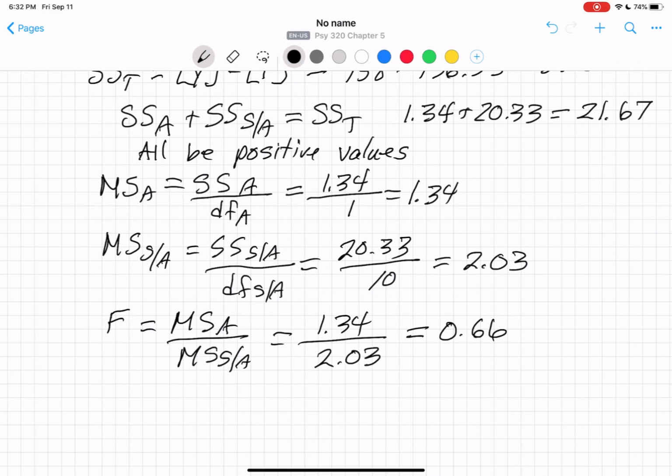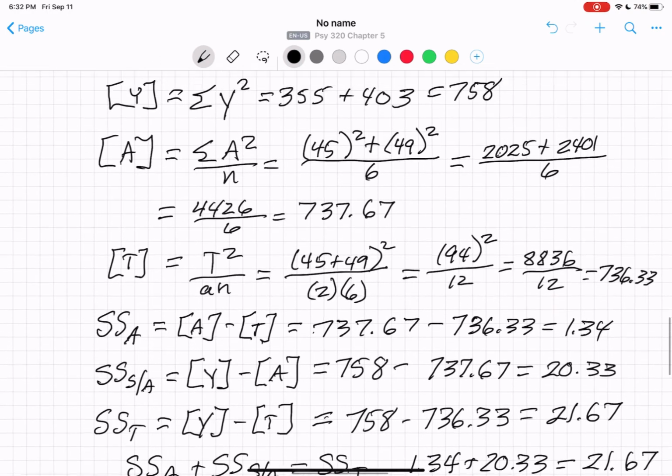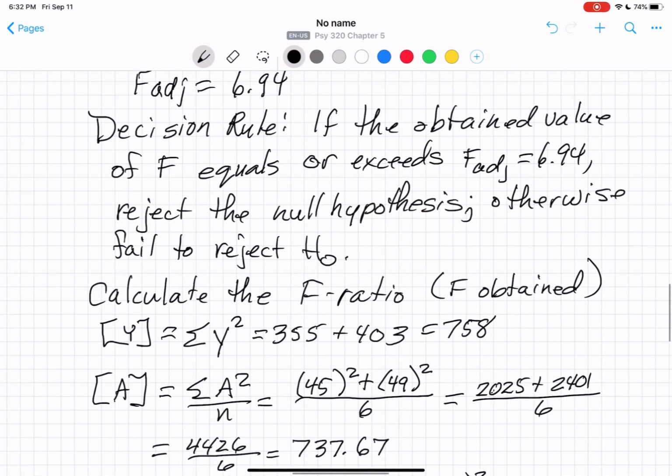Okay, but we want to compare that to our decision rule. All right, so here's our decision rule. If the obtained value, which we have 0.66, equals or exceeds 6.94, reject the null hypothesis. Otherwise, fail to reject. Well, it's definitely not equal to or bigger than 6.94.